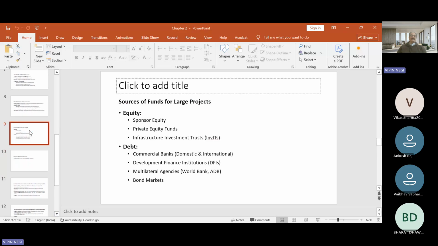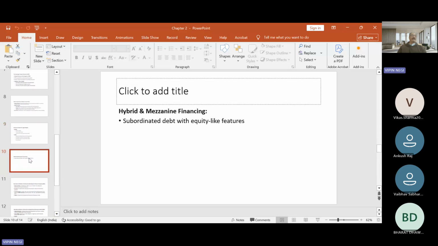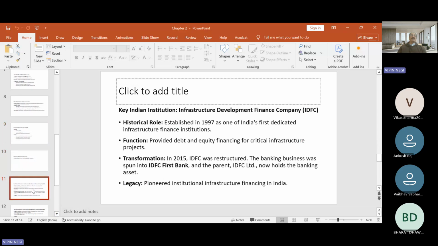But as far as developing countries are concerned, as the bond markets are not so developed, very limited long-term funding is available in these Asian markets. Therefore, multilateral development banks like the World Bank and the Asian Development Bank have been important funders and supporters of government for infrastructure in developing countries. They are playing a very crucial role in Asian countries.